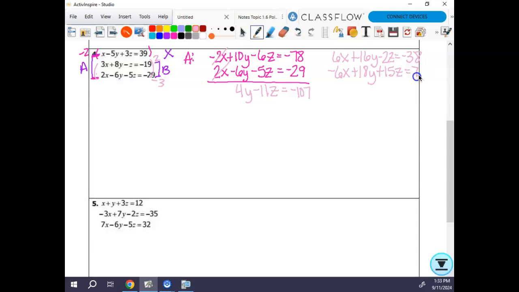Positive 78? Anybody? Just double check me. I'm pretty sure I'm right, but I couldn't even write it correctly, so I don't know if I trust myself. What is 3 times 29? 78? Yes? Okay. Then wait, no, it's got to be 88, right? 3 times 29 is 88, not 78.